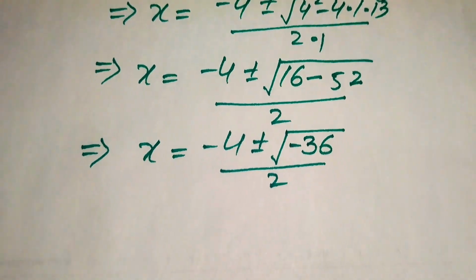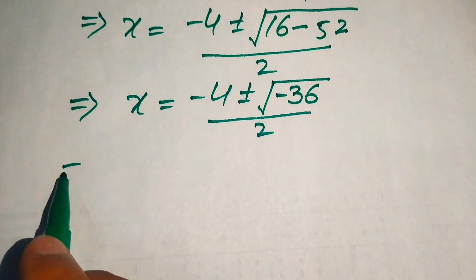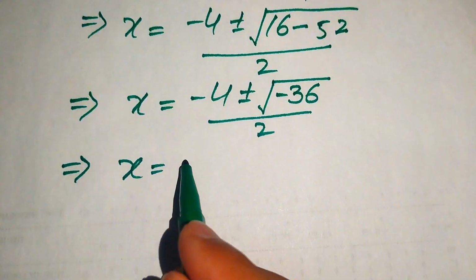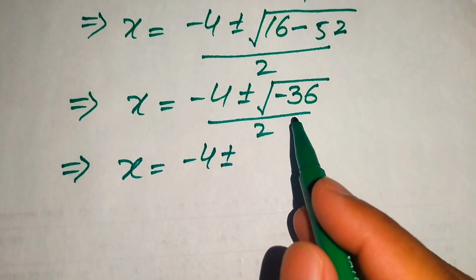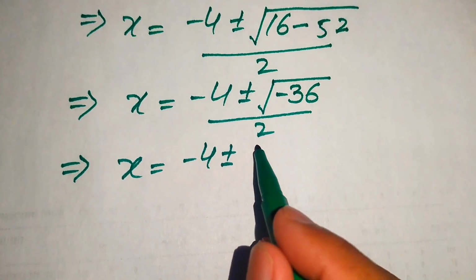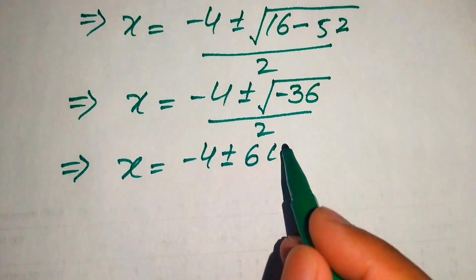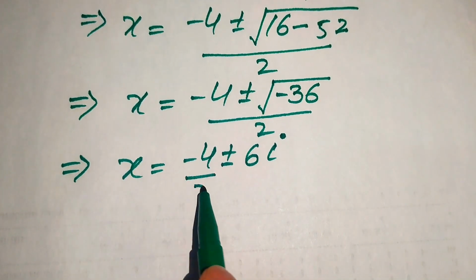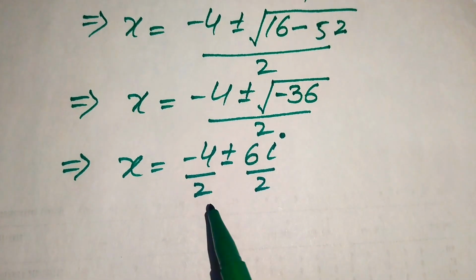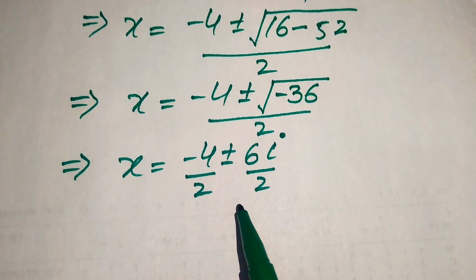And now in the next step we need more simplifications, and it will be written as x equals minus 4 plus minus, here we know that square root of 36 equals 6 and square root of minus 1 equals iota, and we break this value and we can write 2 separately on both of these values.